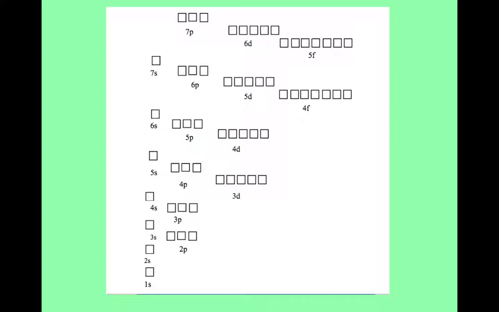We'll notice that the 4s sublevel is actually before the 3d sublevel. That's what I was talking about when I said that it's not necessarily the energy level. Sometimes a fourth energy level sublevel, like the s sublevel, will have a lower energy than the 3d sublevel. That is because of the space in which the electrons are traveling.